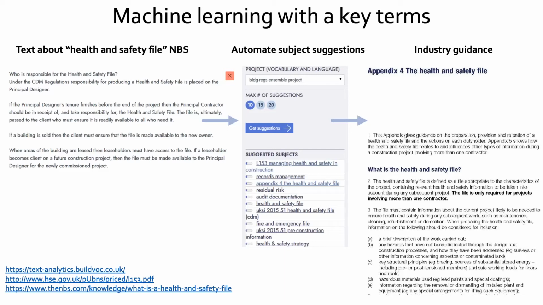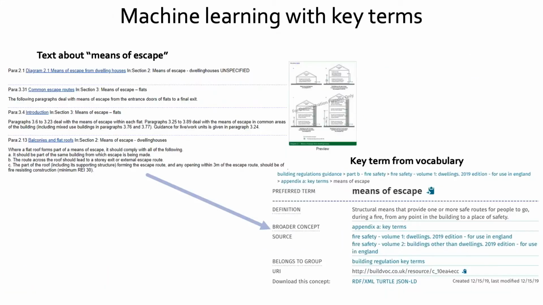In the middle, it will automate subject suggestions. And the goal is to point you to industry guidance. So in this particular instance, it's brought up L153, Managing Health and Safety in Construction. And it says that is ranked at the very highest bit. We go to the next slide, please.